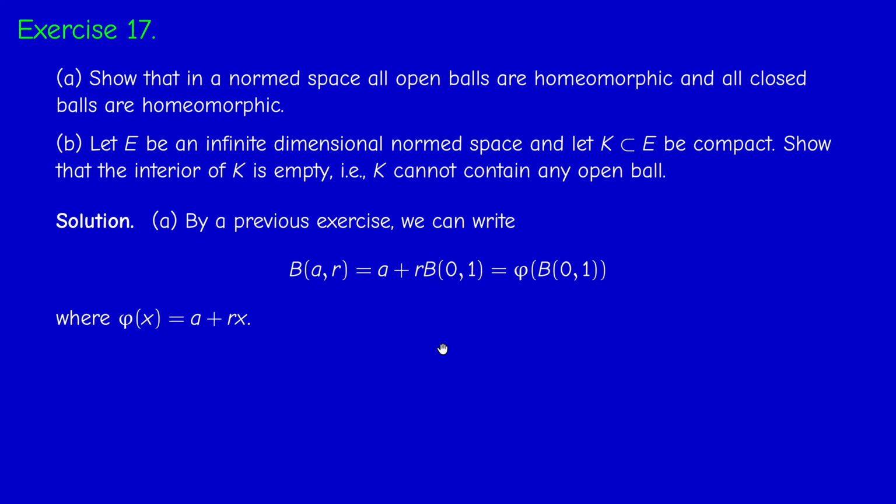Can do a picture. Take any ball. If you translate it, you get a ball around 0, and then you dilate the radius, or you shrink the radius, you get the standard ball. So any ball, the ball of center a and radius R is the image under this map, which is a homothety followed by a translation.